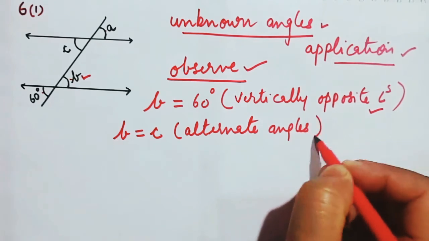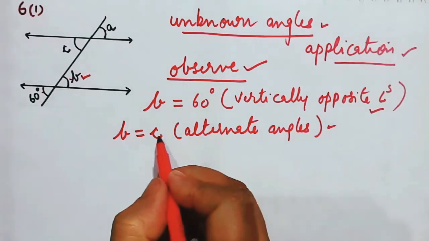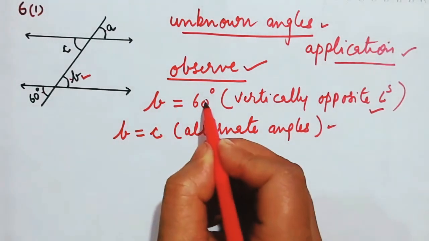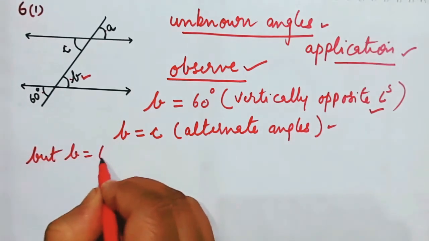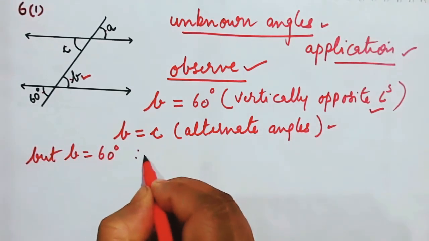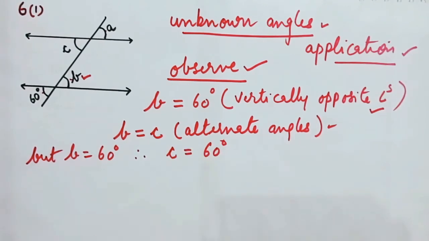See, we are using the application of the previous angles. B is equal to C, but B is equal to 60 degrees, therefore C is also equal to 60 degrees. Now we have found out C also.